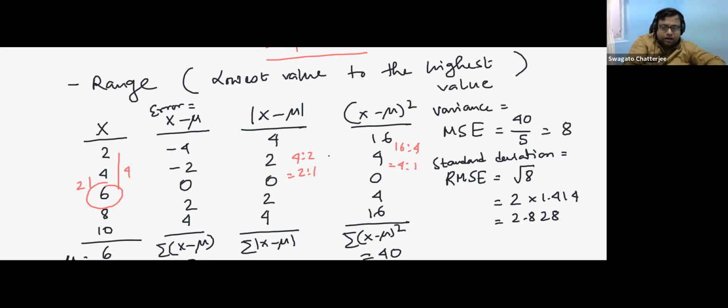In this value of 40, this guy, observation 1, is contributing much, much more than what it was doing in the earlier calculation. Why? Because I am squaring it up. The more I square, the more I amplify problems, and then I take the mean.